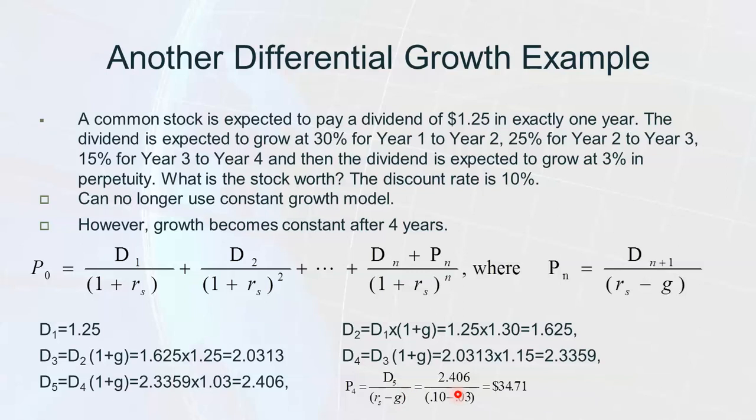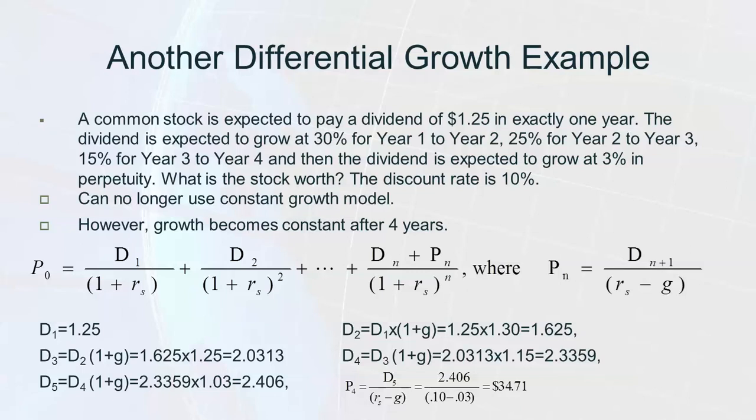Okay, so in this example our dividend 5 is 2.406, our discount rate is 10%, and our growth rate is 3%, which gives us a $34.71 stock price at year 4. Okay, so basically you are finding the future cash flows.